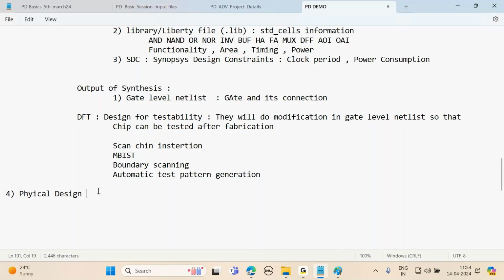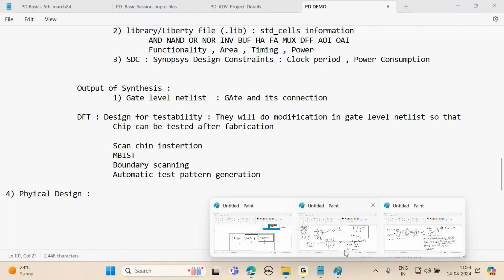Now my question is whether a physical design team is going to draw the layout. See, what I want to tell is we have to convert all this. So I'll tell you first what the role of physical design engineers is.